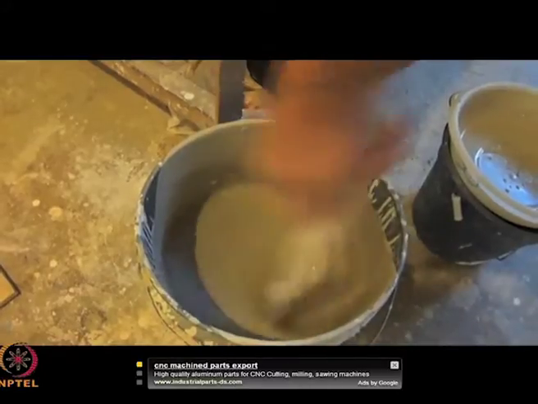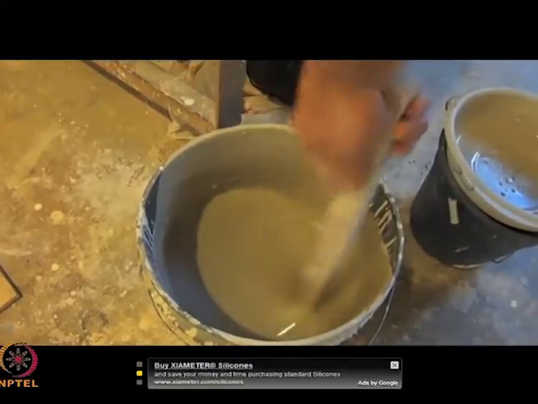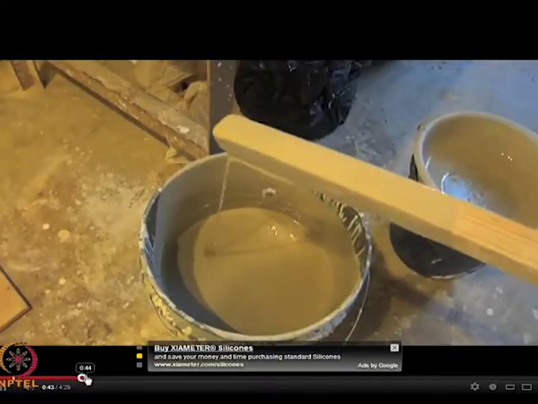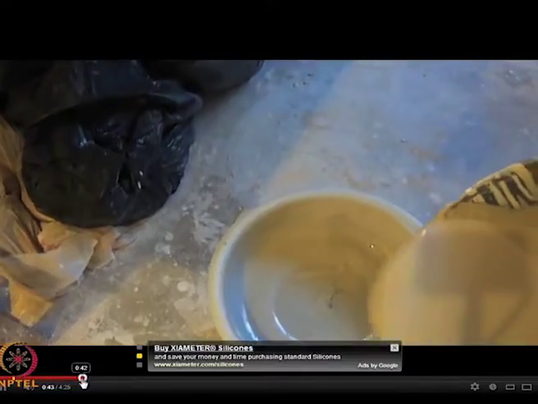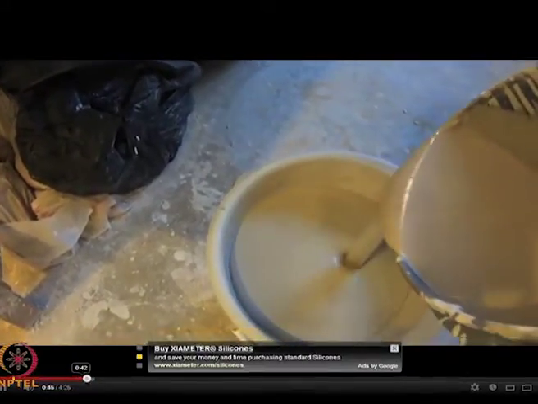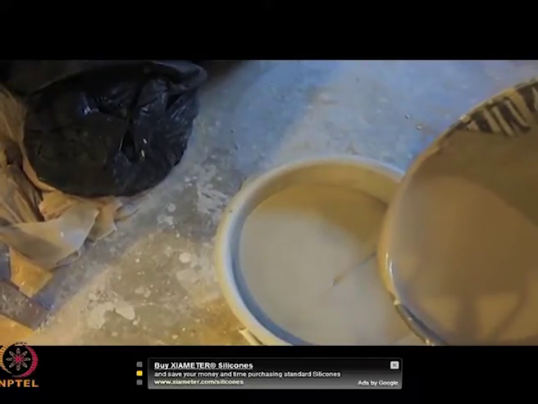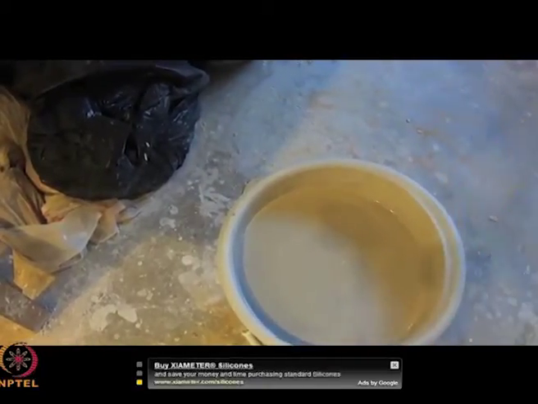So, here is a bucket which they have kept, they have stirred it, and now what they will do is first sieve it. They are sieving the suspension so that the coarse particles are kept away.